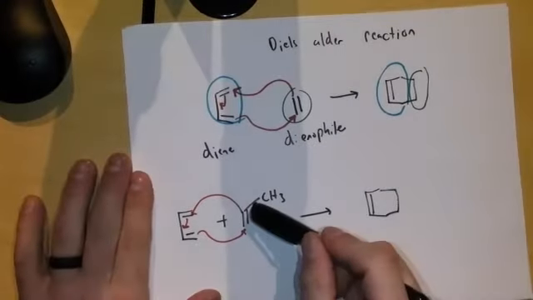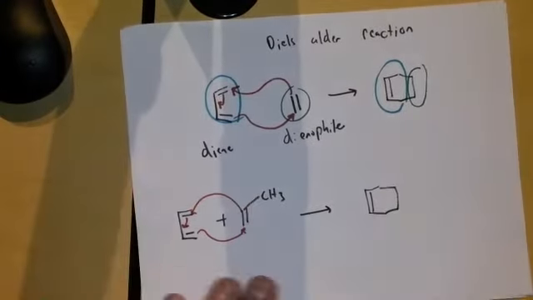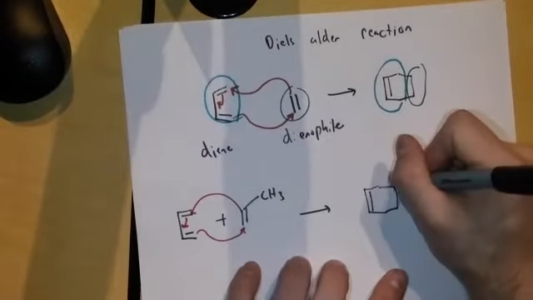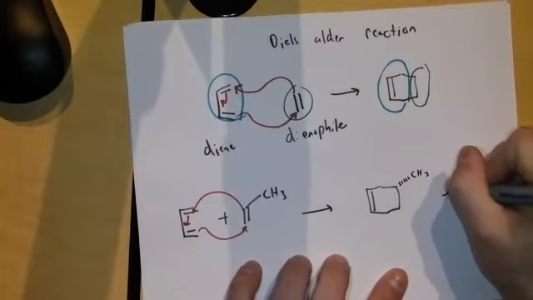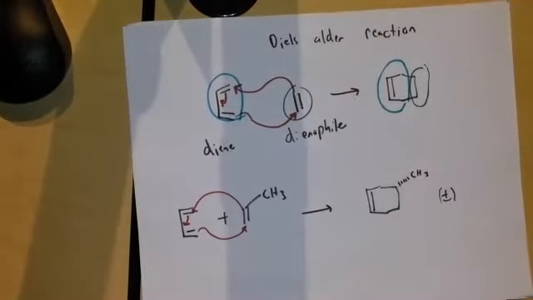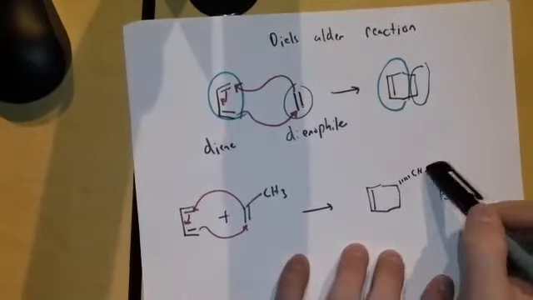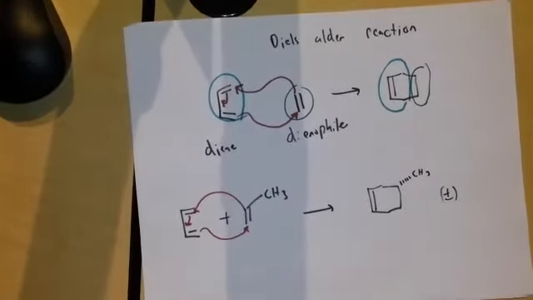We had a methyl group on this dienophile here, so we are still going to have a methyl group. I'm going to draw it as a dash, and I'll talk about why in a little bit. But for the most part, it is plus minus. So this could also be a wedge here. Just need to know that that is a chiral center.